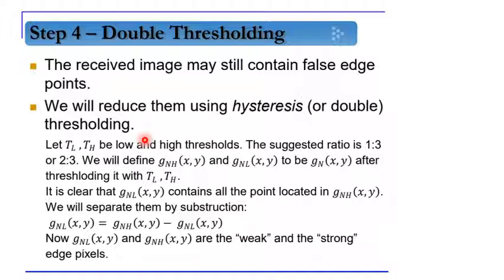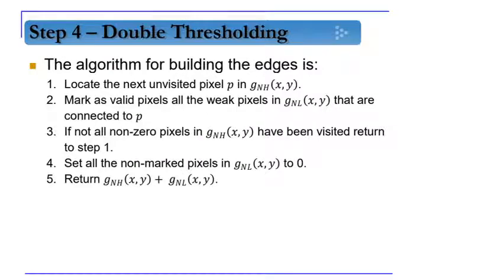Now one thing is clear: in gNH(x,y), the image after applying the higher threshold, whatever ones are there in this image are my strong edge pixels, the true edge pixels that I have to consider. Then from gNL(x,y), I have to find a few pixels which will be my edge pixels, and the rest will not be edge points, so we have to remove them.